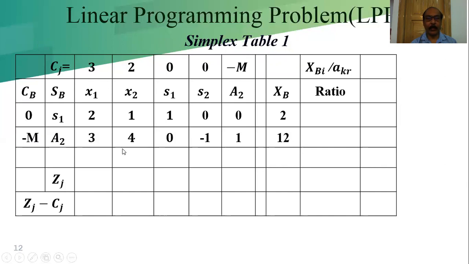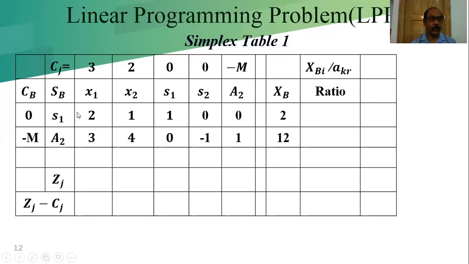Now the table is complete. First, we have to calculate Zj. How to calculate? CB into Xj, each and every one, where j increases this way and i this way.